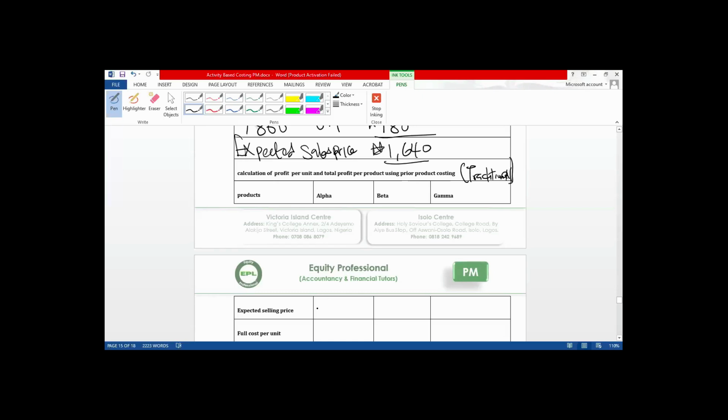Your profit is selling price minus cost. Selling price here expected 2,090 for alpha, 2,110 for beta, 1,640 for gamma. Now we are using prior product costing method.